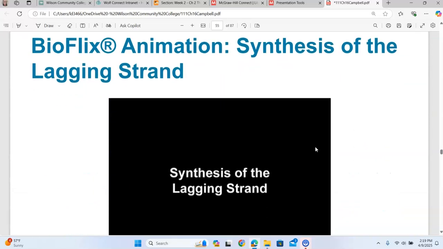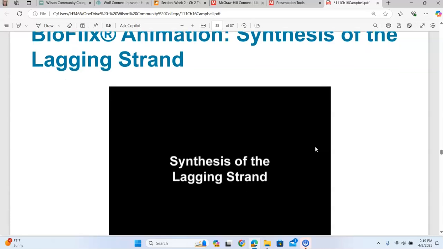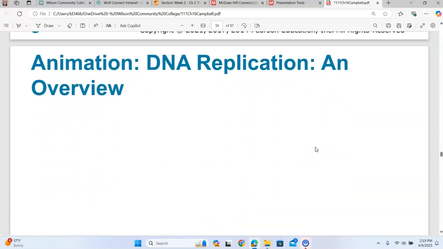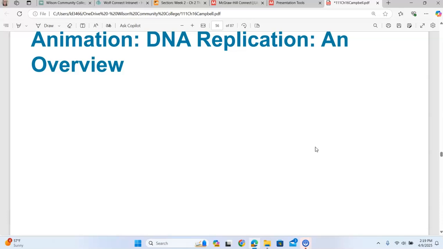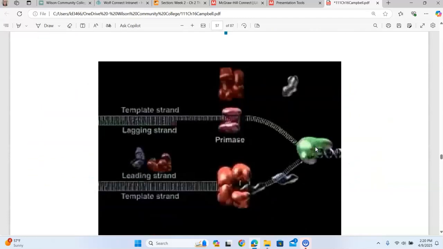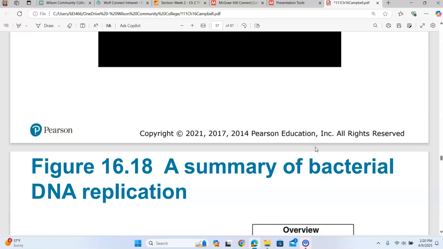And here's an animation in slide 55 on the synthesis of the lagging strand. Then this one is good because it puts everything together: DNA replication, showing the synthesis of the leading and the lagging strand. This would be slide 57.